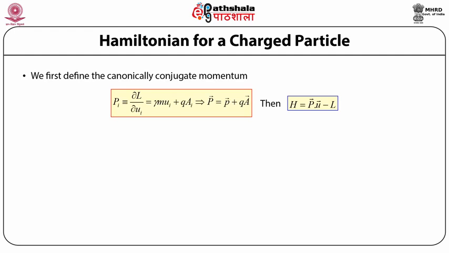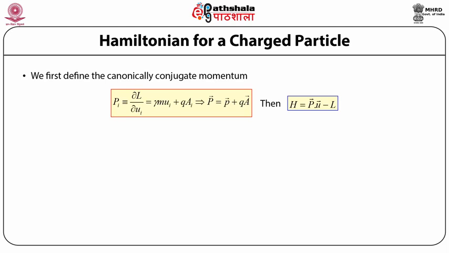The Hamiltonian H is a function of coordinate x and its conjugate momentum P and is defined in terms of the Lagrangian as H equals P dot u minus L.